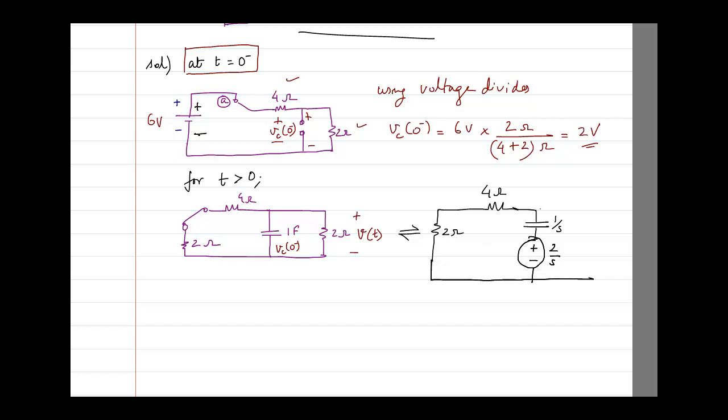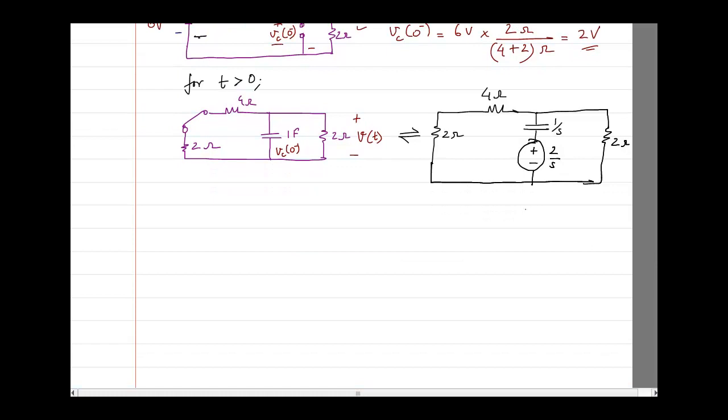The last is the 2 ohms, which again I will draw it here, 2 ohms. Now I have to find out the voltage across this, plus minus V of S.